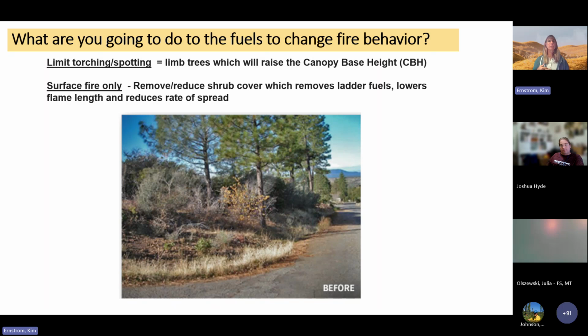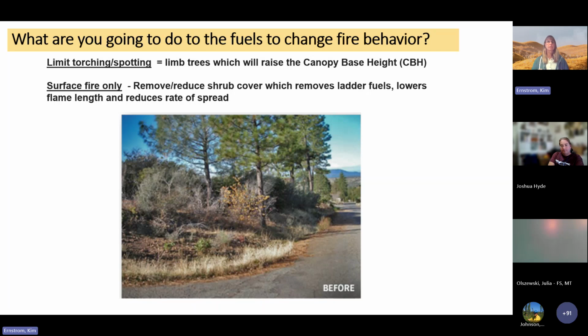Well, in order to limit torching and spotting, I'm probably going to need to limb some of these trees, right? And essentially what I'm doing is I'm changing the canopy base height. So I'm raising the canopy base height by limbing the trees. And also at the same time, by removing the shrub cover, I'm removing those ladder fuels. I'm lowering the flame length. I'm reducing the rate of spread, and I'm bringing it just down to the surface.